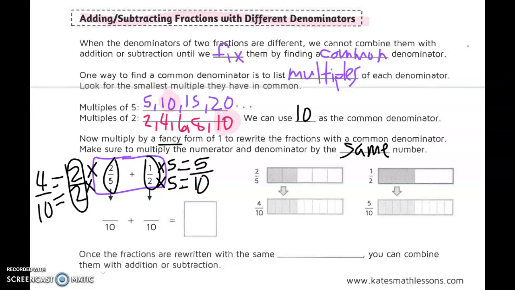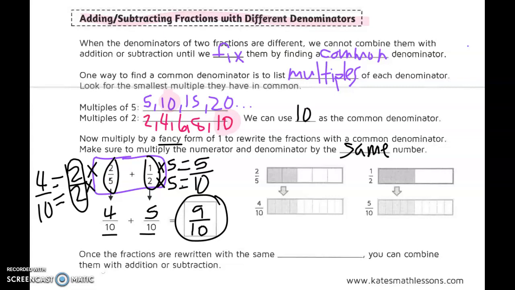Okay, so now if you look at these arrows, I now actually have 4/10 and I have 5/10. Now they have the same denominator, which means I can just simply keep the denominator the same, add the numerators, so I have 9, and the last step is to simplify, but as you know, 9/10 is in its simplest form, so we do not have to simplify.